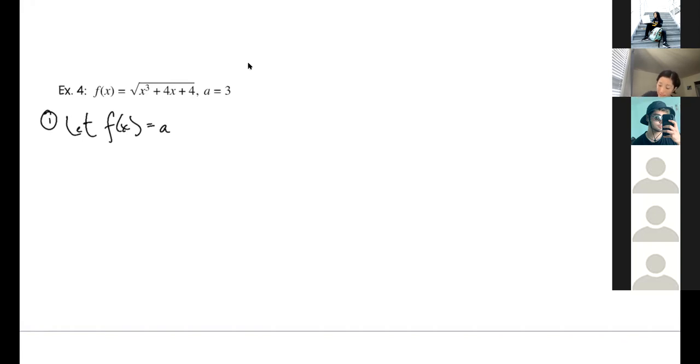Solve for x. So in other words, f of x, which is the square root of x cubed plus 4x plus 4, equals, in this case, a is 3.